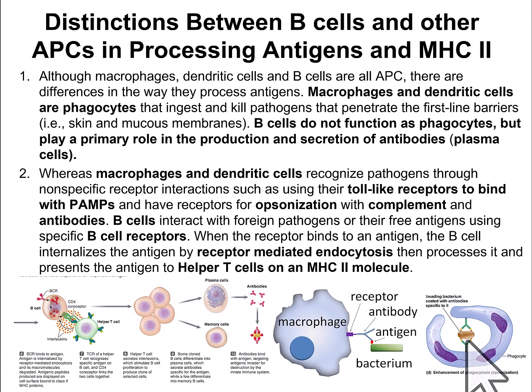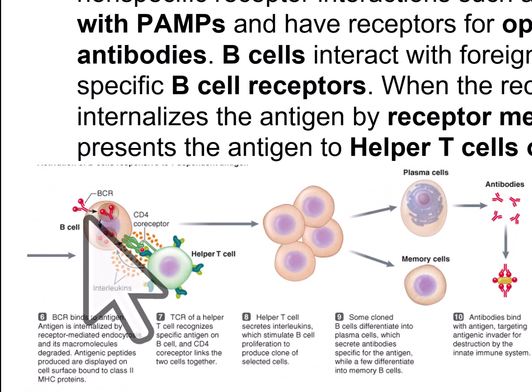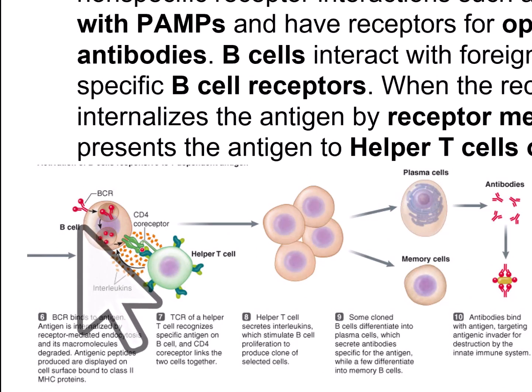Whereas B cells are going to interact with their pathogens or their free antigens using specific B cell receptors. So there are specific B cell receptors, as shown here, that will bind to a very specific kind of antigen.